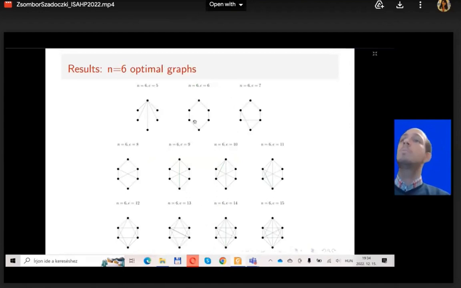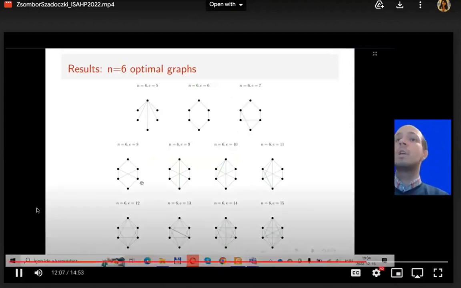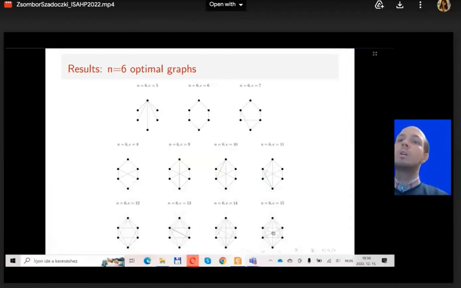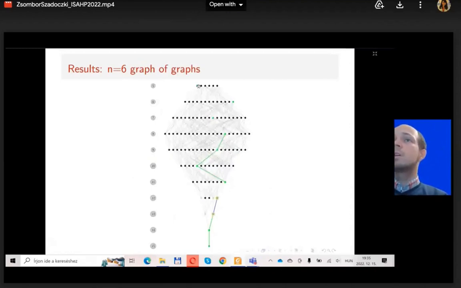So the star graph is optimal, then the 2 regular cycle, then we have 2 partial optimal filling in sequence. Also, this is a 4 regular graph. So this was the star graph, this was the cycle, this is the first partial optimal filling in sequence, and this is the second one.